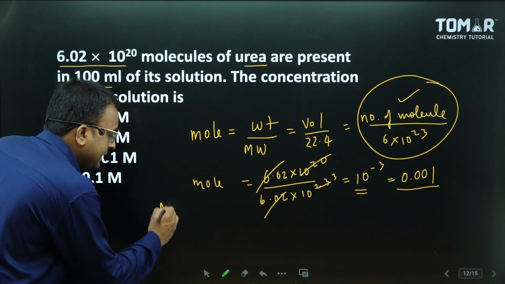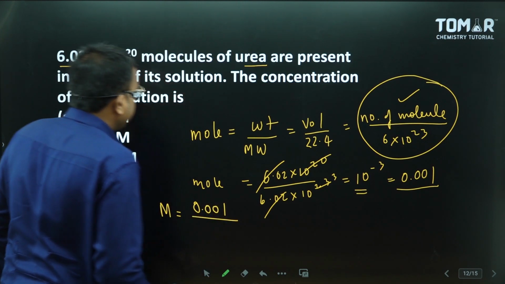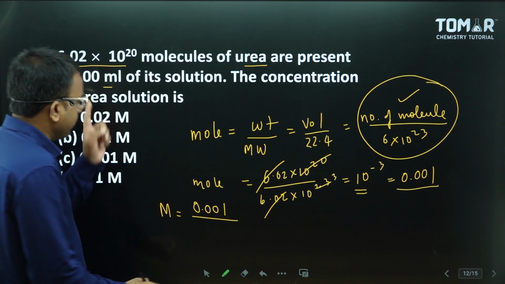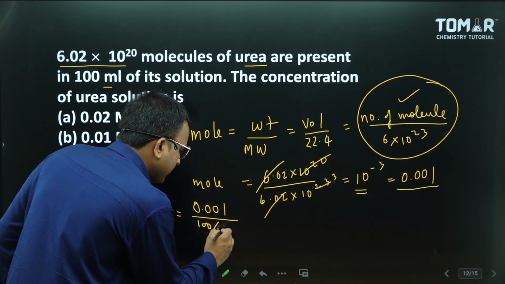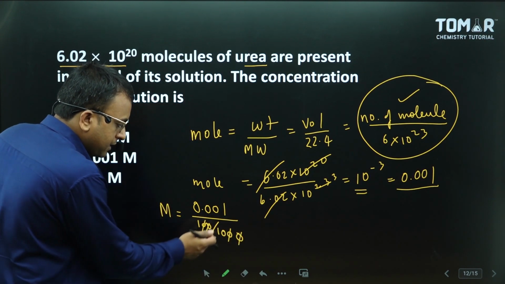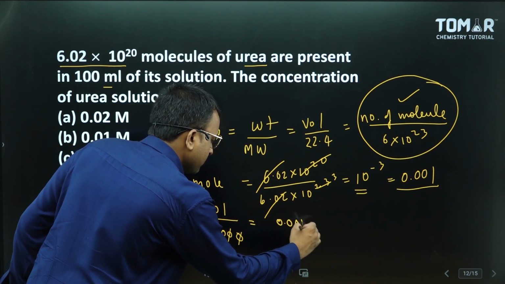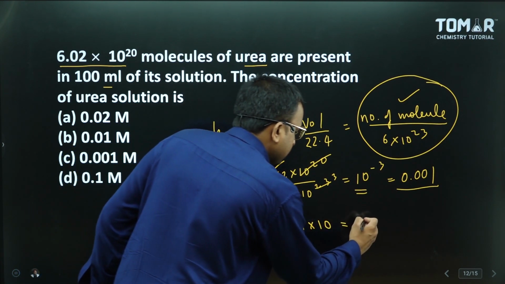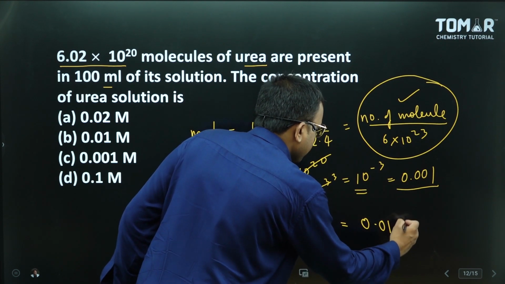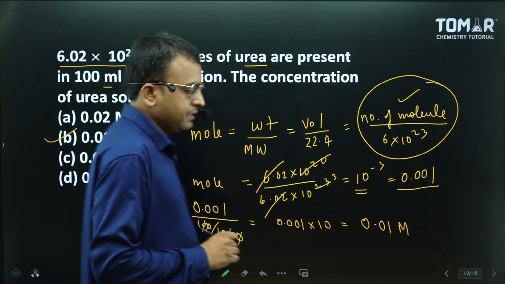Now we have to find molarity. Molarity is mole, 0.001, divided by volume in liters. 100 ml is 100 divided by 1000, so multiply this by 10. 0.001 into 10 becomes 0.01 molar. The correct option is B.